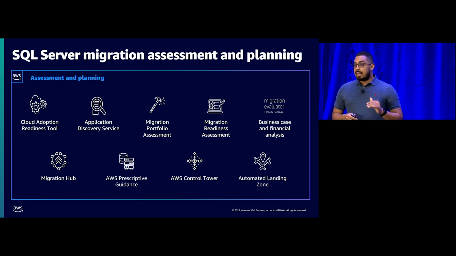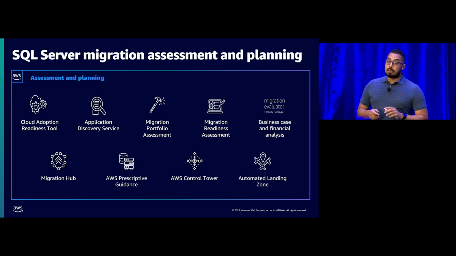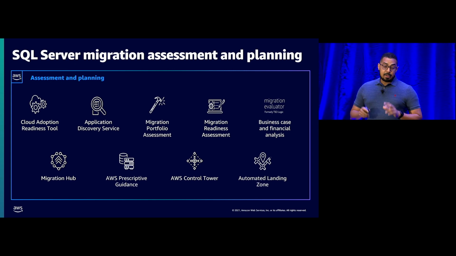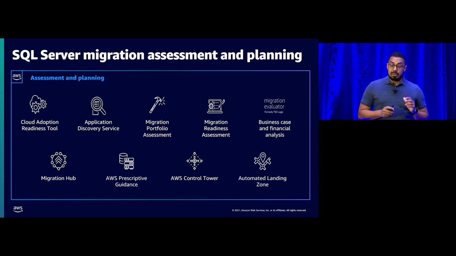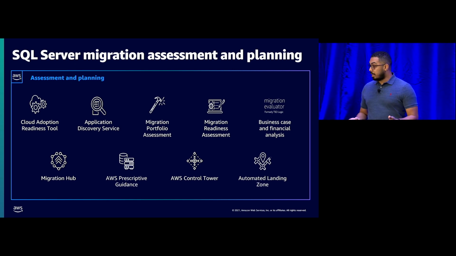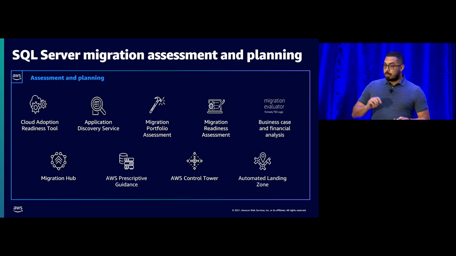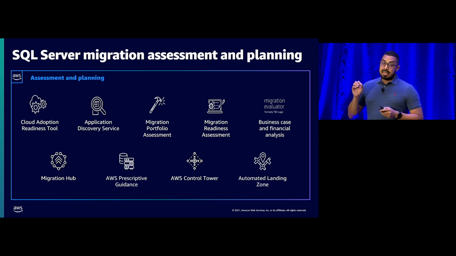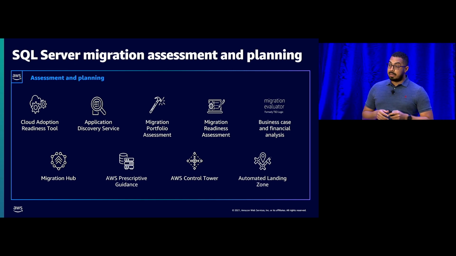And these tools are designed to not just assess your current environment, but also help you analyze your current business processes to see if you're ready to even migrate to the cloud. So these are tools that are available for you for free inside of your AWS account. You can look at them. Some of these are just websites you can click on. What I'll mention as well, at the end of the presentation, I do have a QR code. So any links that I share or references that I make will be available to you at the very end of the presentation as well.